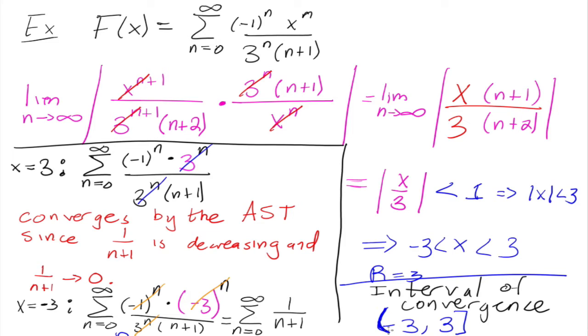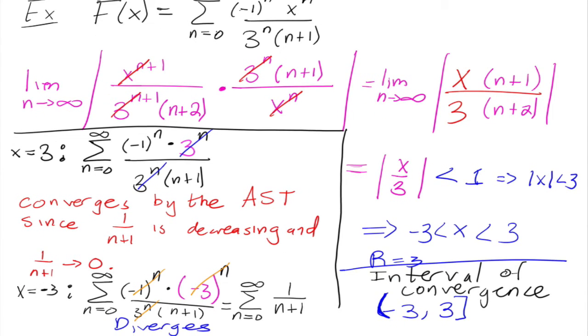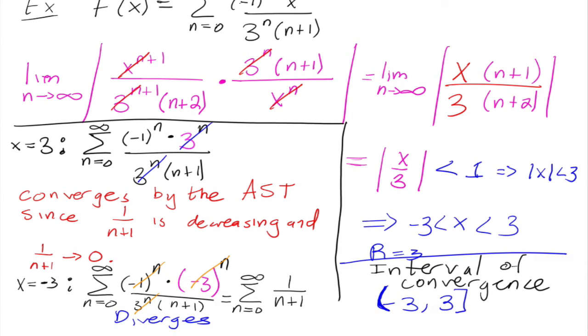Okay, so any questions? Let's look at the very bottom of that again. So the strategy is you set up the limit of the ratio test, and you solve for the limit of the ratio test being less than 1, right?